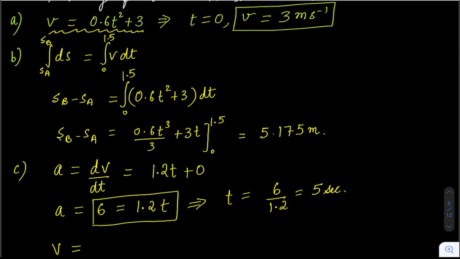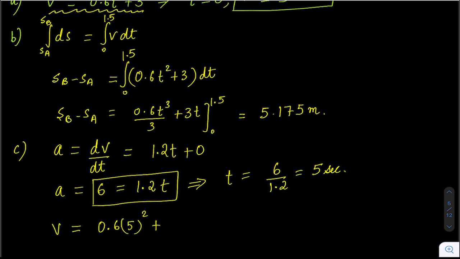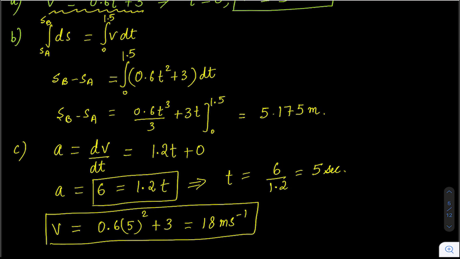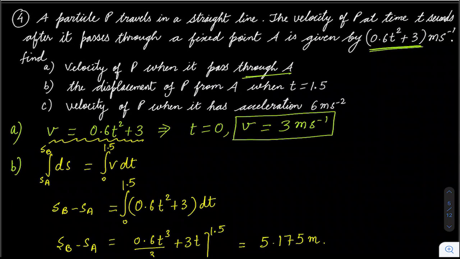So velocity is 0.6 into t square plus 3. So this is my velocity at time t equal to 5 seconds. I hope everyone understands this.